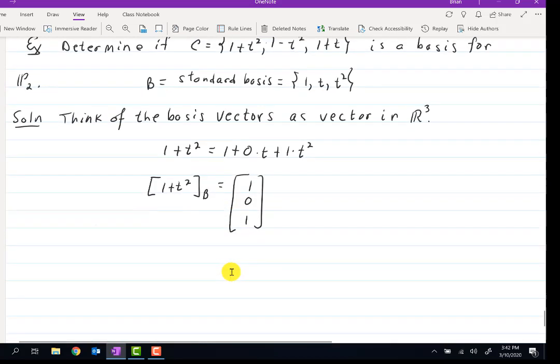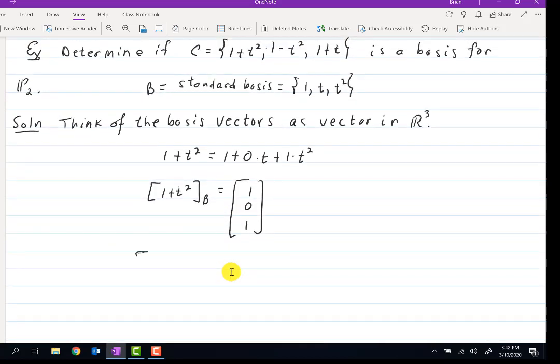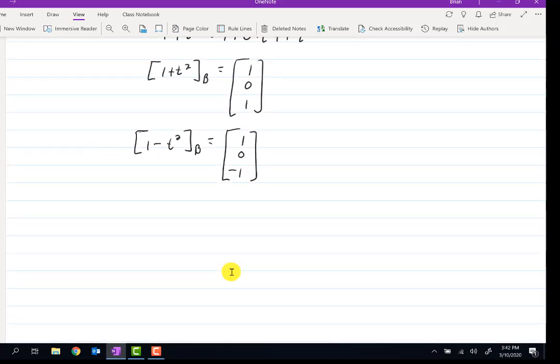And then similarly, 1 minus t squared in the B basis is going to be 1, 0, negative 1. And finally, the 1 plus t in the B basis is the same as 1, 1, 0 because there's no t squared term.